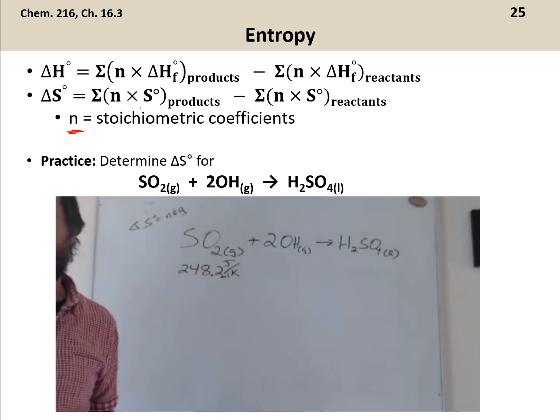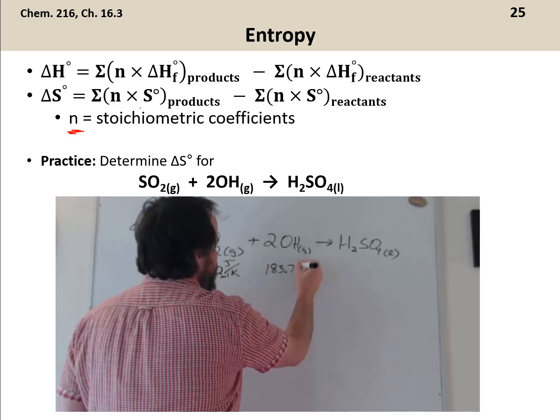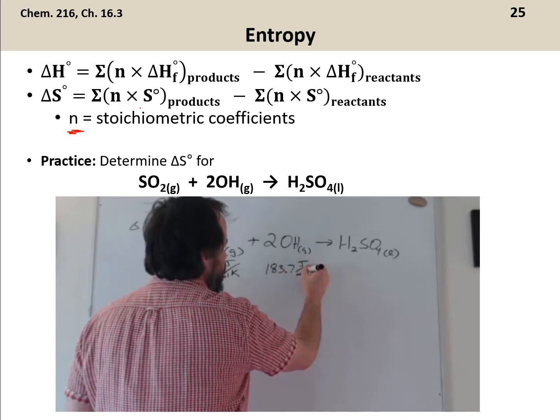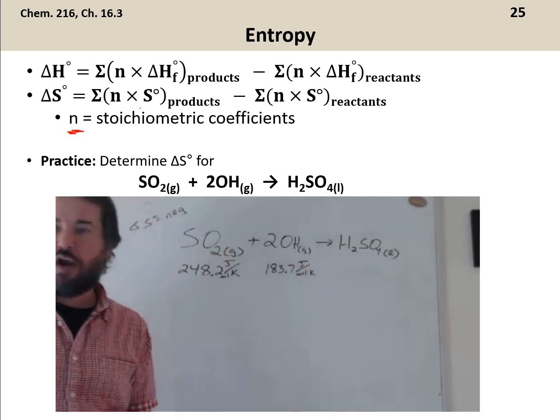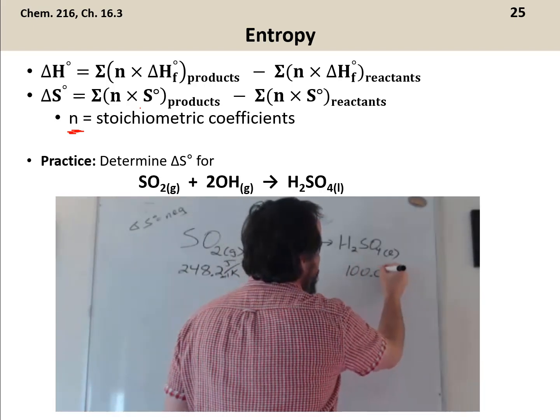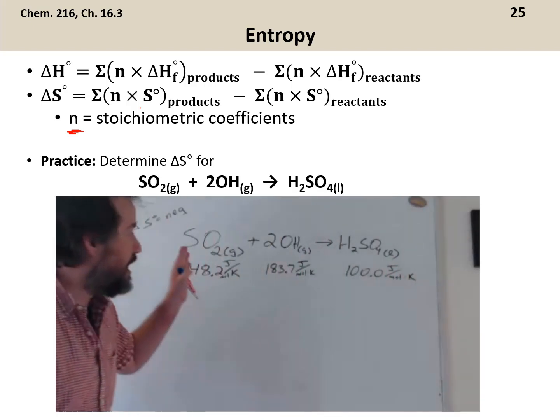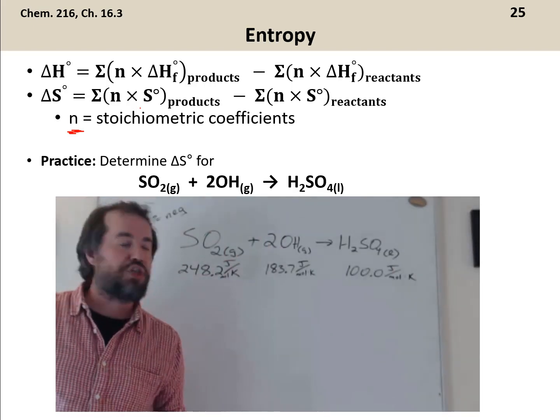For OH, it's 183.7 joules per mole Kelvin. And for H2SO4, it's 100.0 joules per mole Kelvin. These are all from the back of the book, Appendix G.